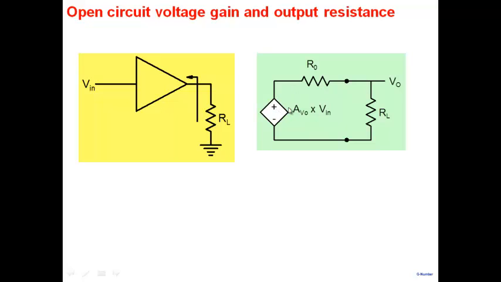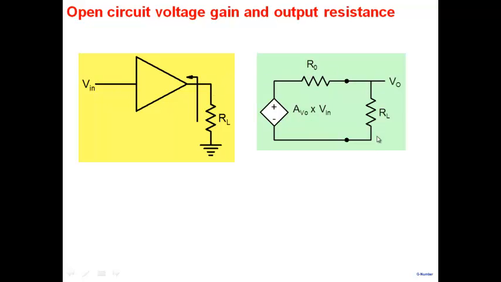And the source here, the voltage source here, what is the source of the voltage here? If I look at it, eventually it is the input voltage here, which is getting amplified and appearing at the output here. So we call this as AV0 times Vin. Okay, and so that's what an amplifier looks like from the output side here. Two quantities, AV0 times Vin, note Vin here, and R0 here.